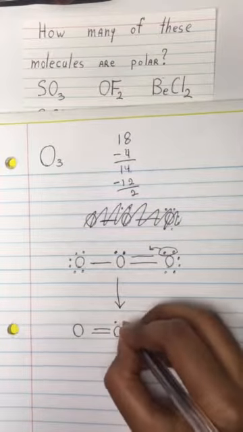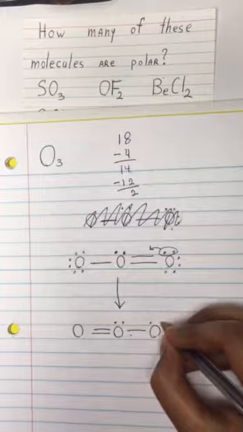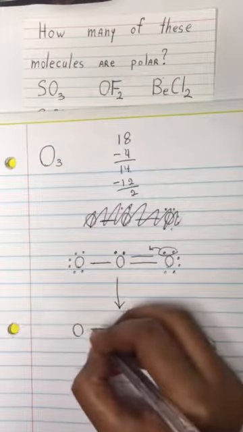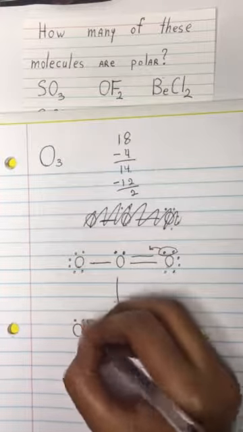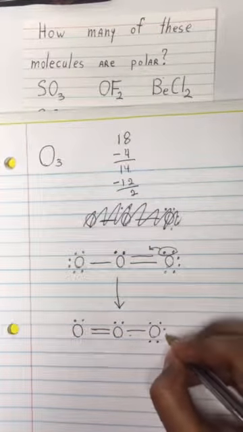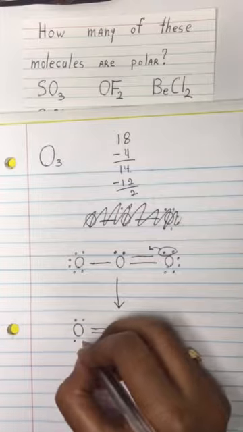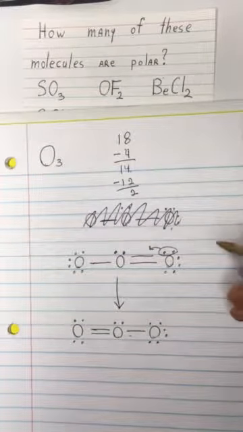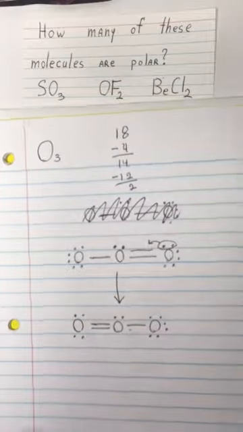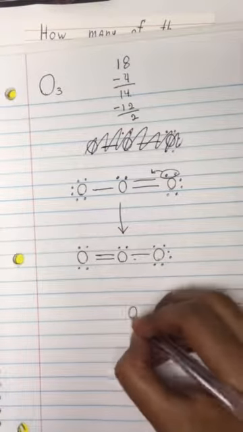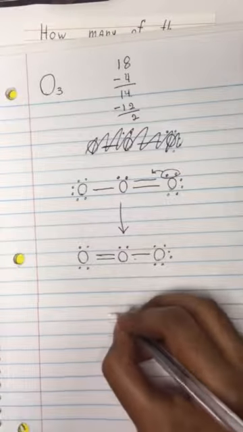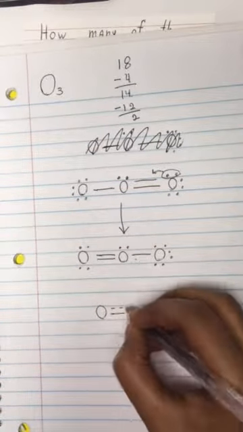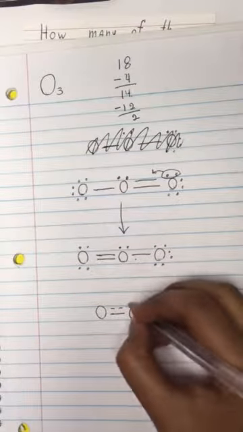Since this Lewis structure can be drawn in two ways, and they're both equivalent to each other, this will create a resonance hybrid, which means that the oxygen will share a bond continuously.